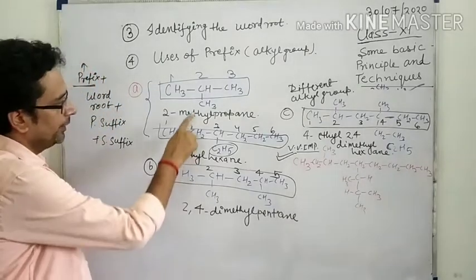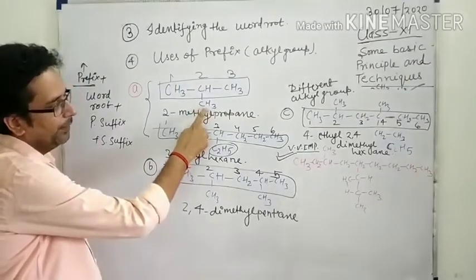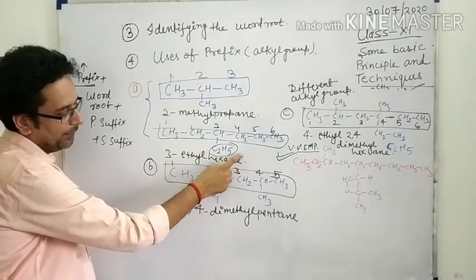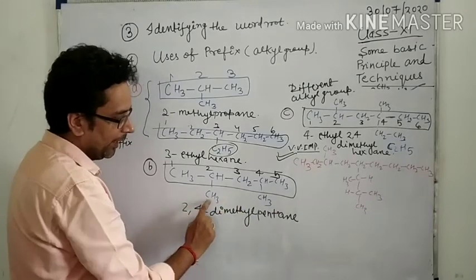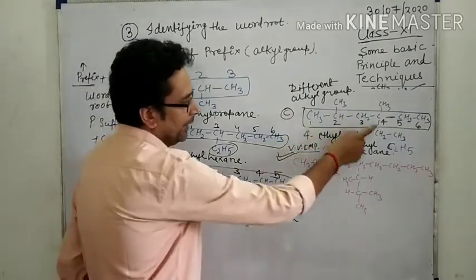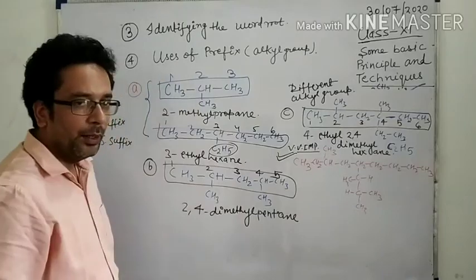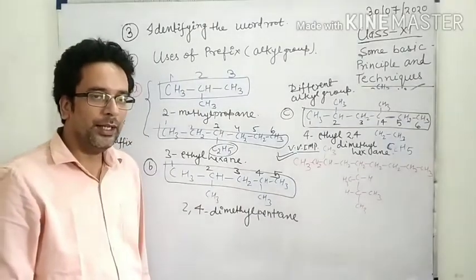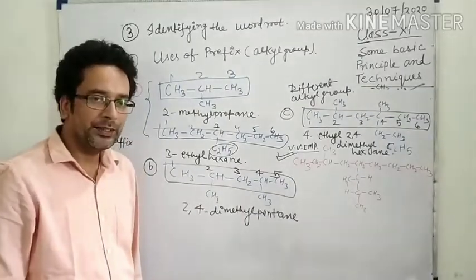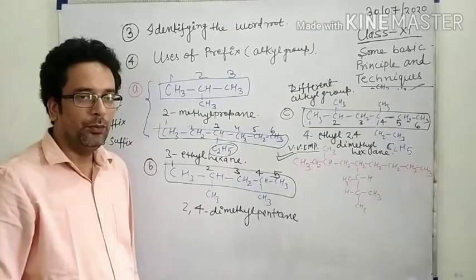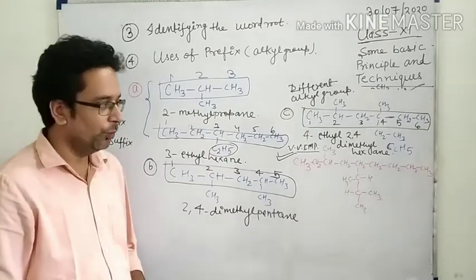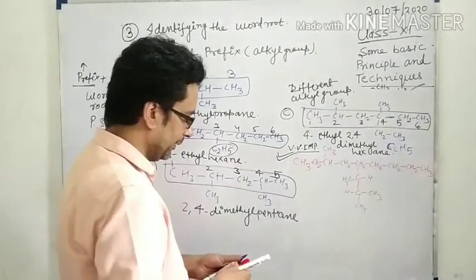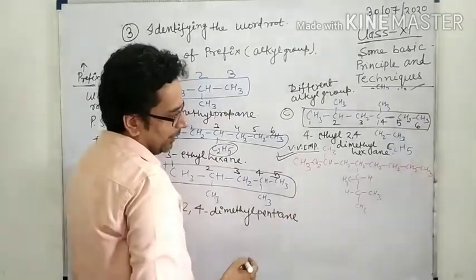Now look here, in this example methyl, in this example ethyl, in this example once again methyl and methyl, in this methyl and ethyl. Okay, but when more than 2 carbons are present as a substituent, it is known as a complex substituent.